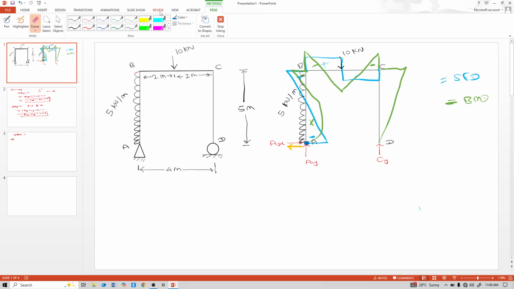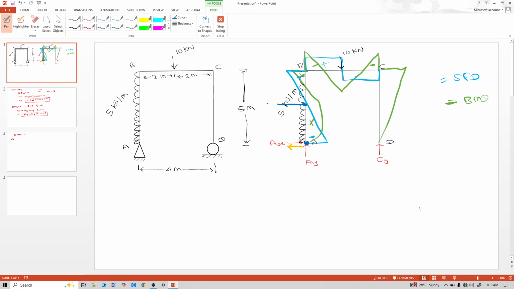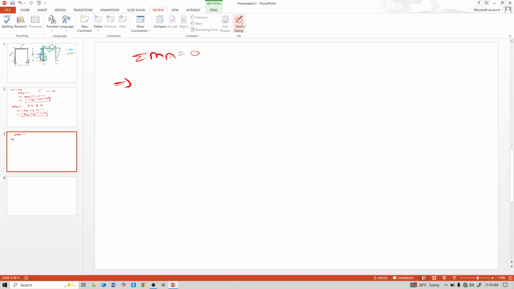So it is 5 into 5, UDL into total length of 5. That means a concentrated point load of 5 into 5 acts at the middle of this beam. That means this distance is 2.5 meter. So 5 into 2.5, positive 5 into 2.5.